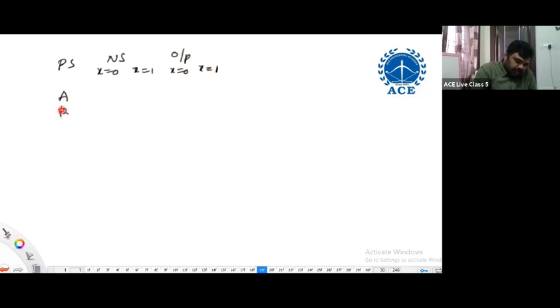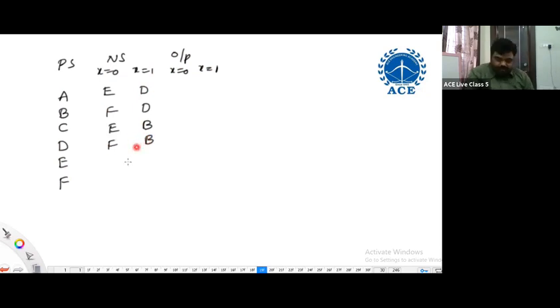Let me write the states A, B, C, D, E, and F. The next states are E, D, E, D, E, B, E, B, C, F, B, C, and the outputs are 0, 1, 0, 0, 0, 1, 0, 0, 0, 1, 0, 0.